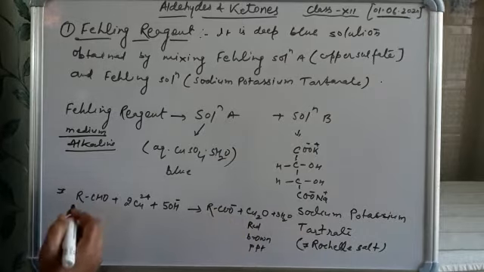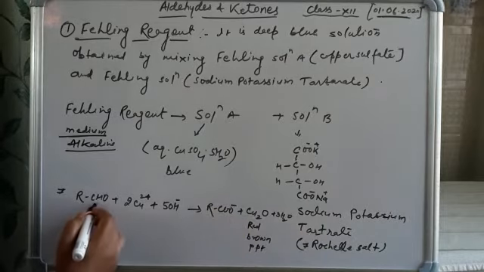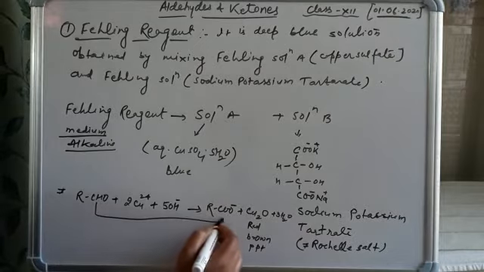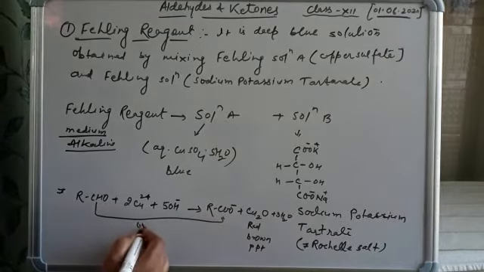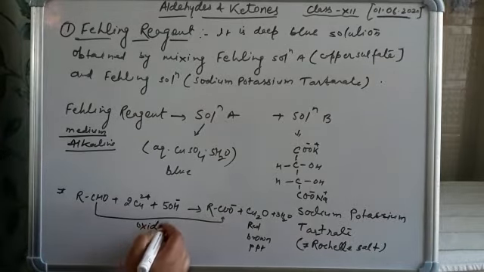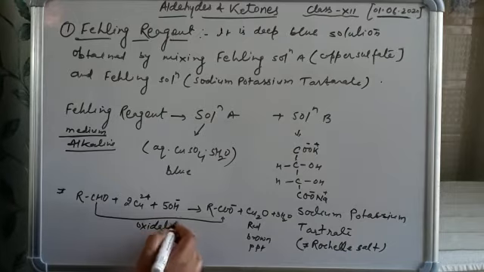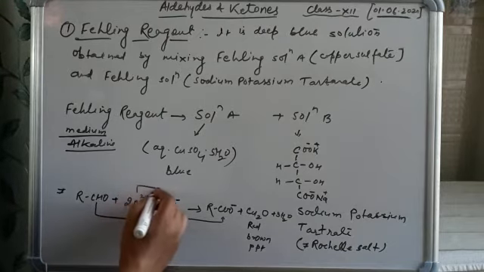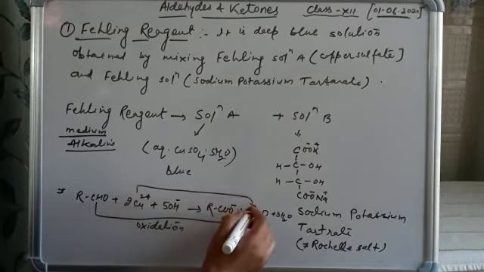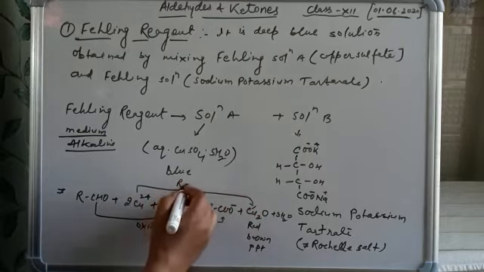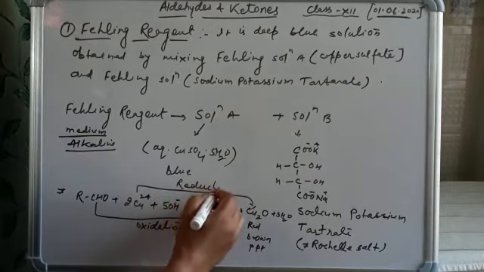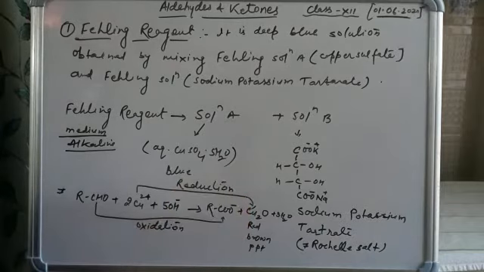So oxidation of aldehyde to acid takes place, and Cu2+ changes into Cu+, so here reduction takes place. This is an important reaction to distinguish between aldehydes and ketones. This test is given only by aldehyde, not by the ketone.